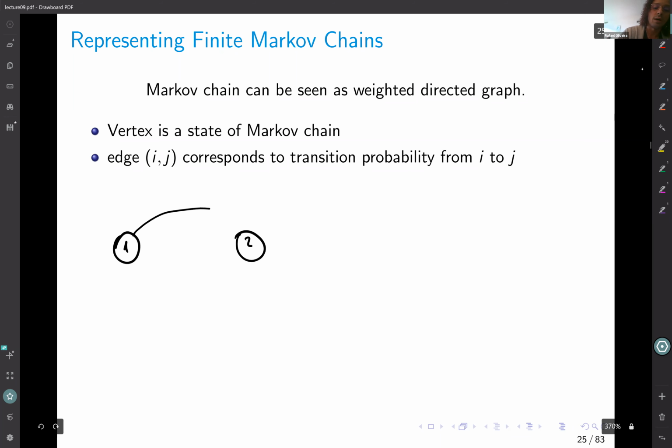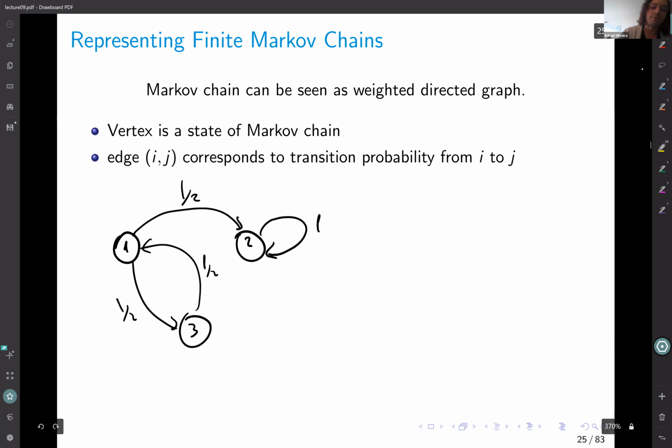Here's another random walk. I go from 1 to 2 with probability a half. Let's say I have 3 here, I go to 3 with probability a half. Now 2 just goes back to itself with probability 1, and 3 goes to 1 with probability a half.